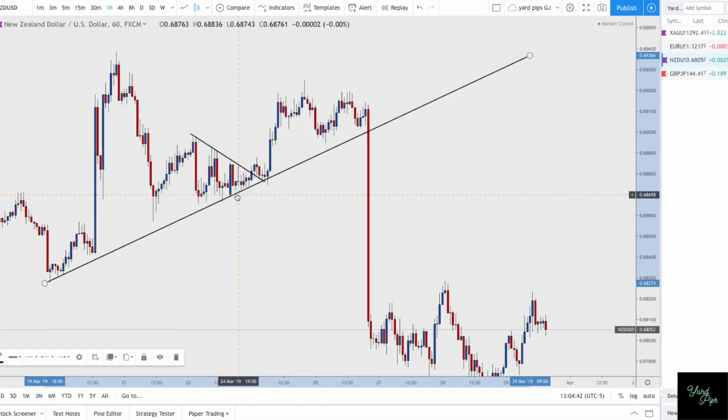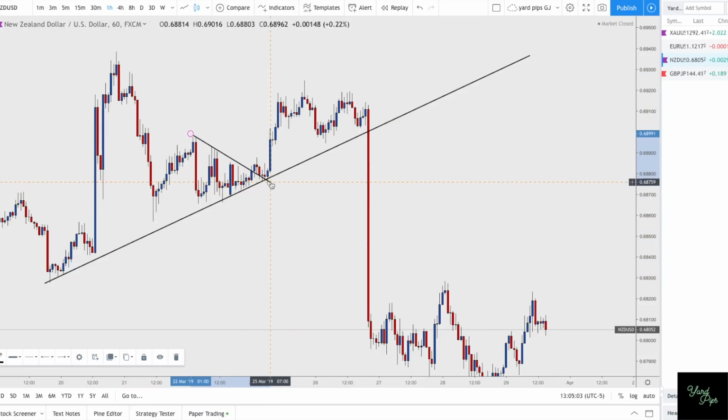So 1, 2, 3, 4, 5, 6, 7, 8. Lots of rejections of this trend line. So a break of this level of resistance. Trend lines are levels of resistance too. Resistance on this side, support on this side, right? So break of resistance, future support, also retesting this level of support. Buyers in the market, you could have taken an entry at the close of this candle.